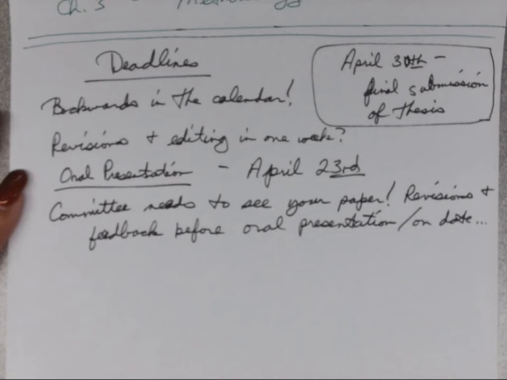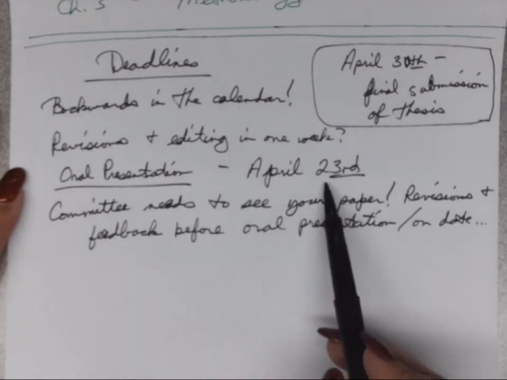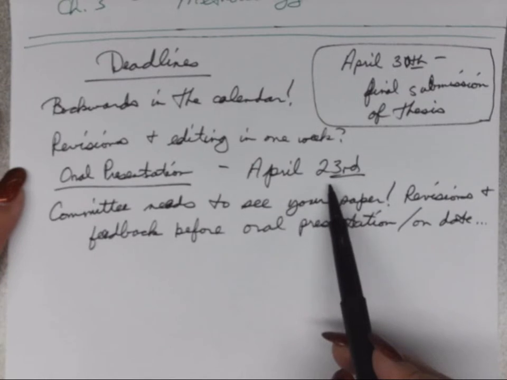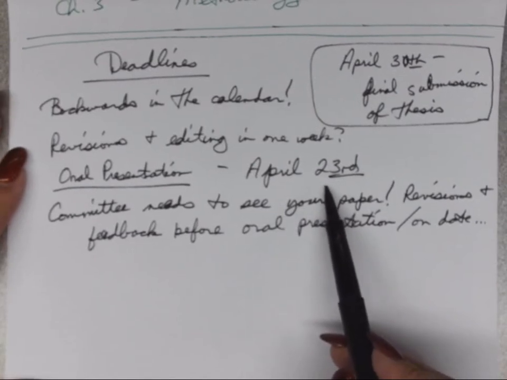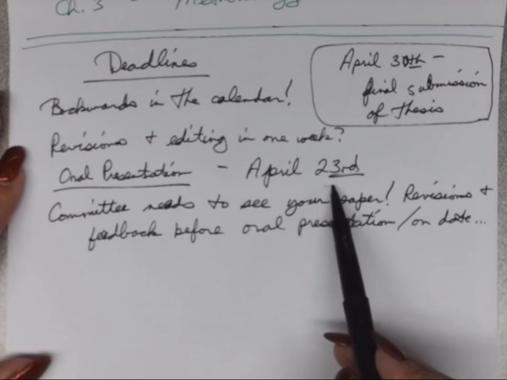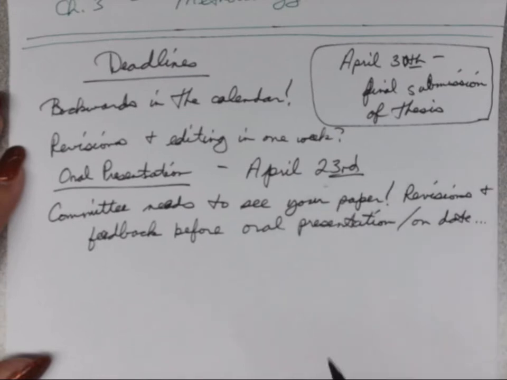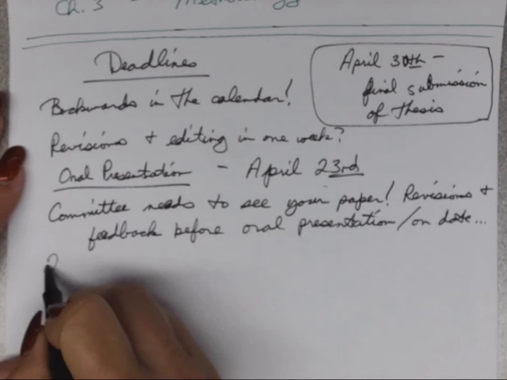Now, if I'm on your committee and you're defending on April 23rd, and you try to give me your paper on April 21st, I'm going to be not happy with you. And you don't really want your committee members not happy with you. I'm going to gripe at you, and I'm going to tell you how I don't have time in 2 days to look at this. I need more time, blah, blah, blah. Courtesy says 2 weeks.